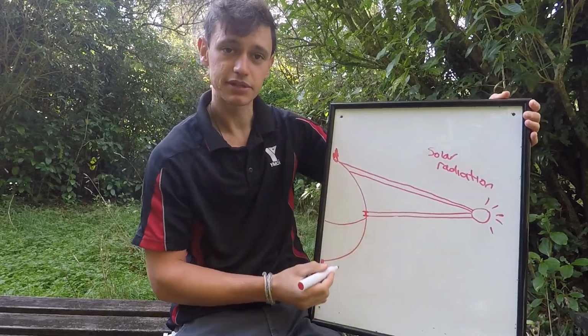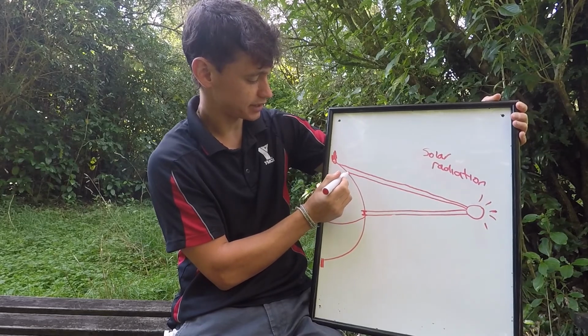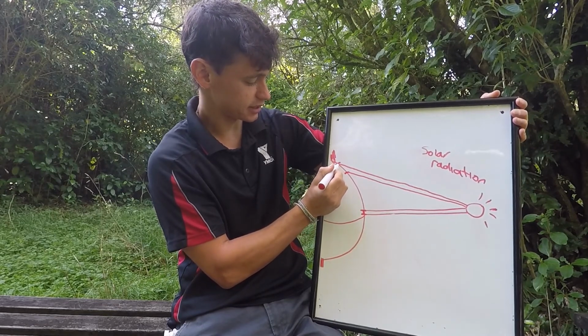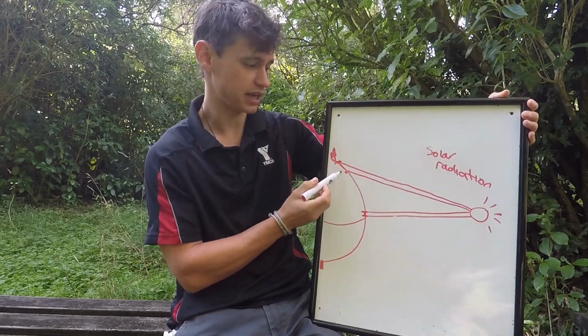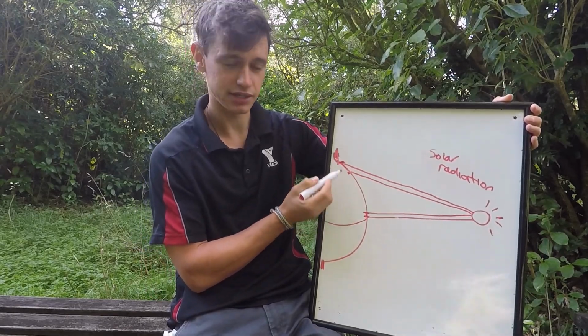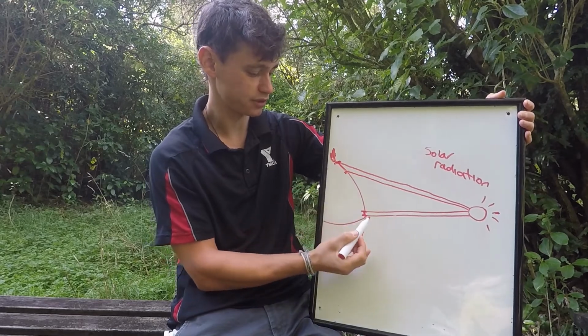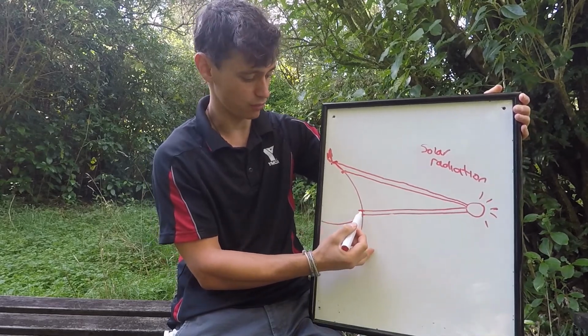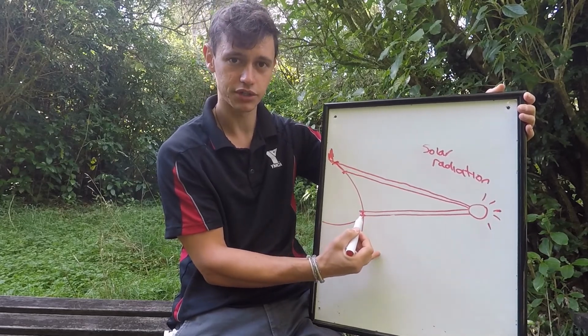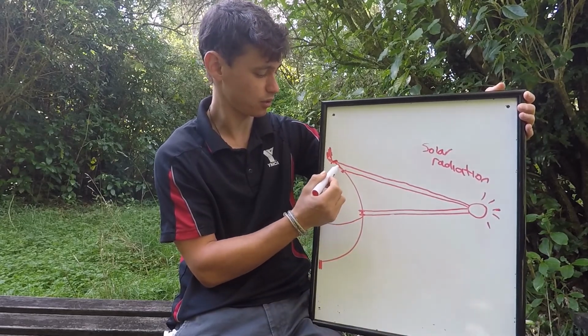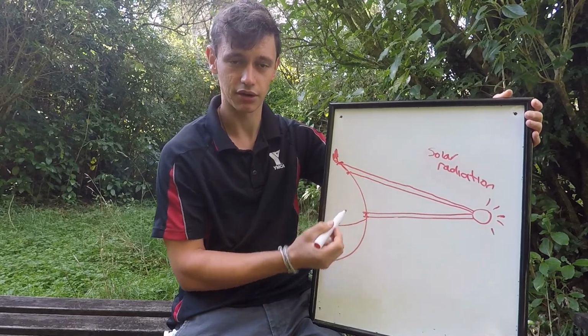Kind of doesn't look like the same distance, but it is. We can see that the distance, or the surface area that it is heating up, is greater at the poles than it is at the equator. So the more concentrated that same amount of energy is, the hotter it's going to be than at the poles where that energy is spread out a lot more.